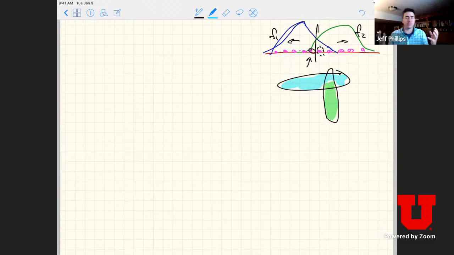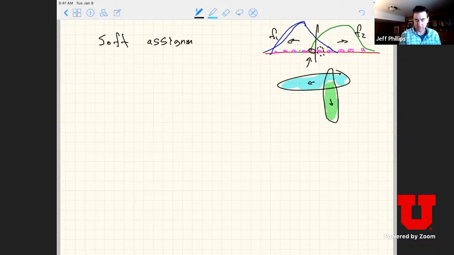There's a chunk missing from both of them. So my estimations of the means are going to be shifted this way and this way, and it's not going to converge to the right estimate. So instead, I want to do a soft assignment here. And now we're going to have a well-formulated way of how to do this soft assignment.